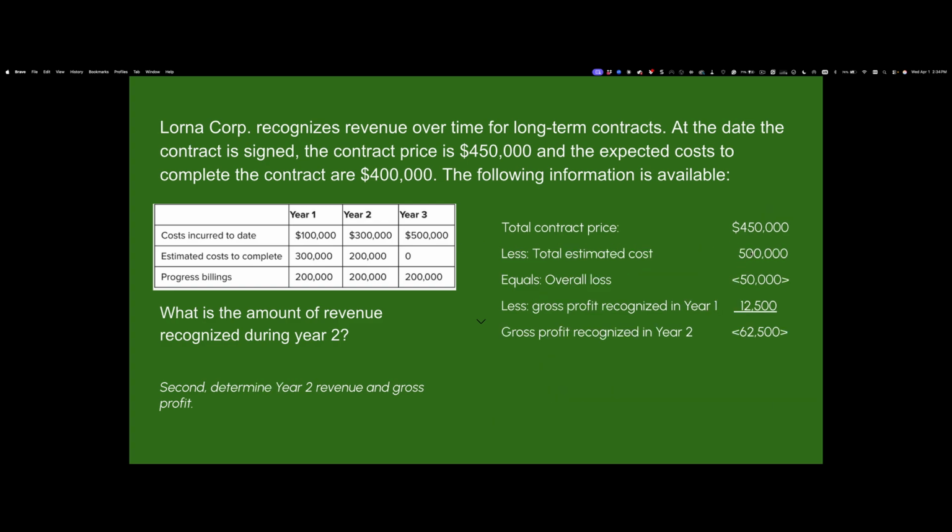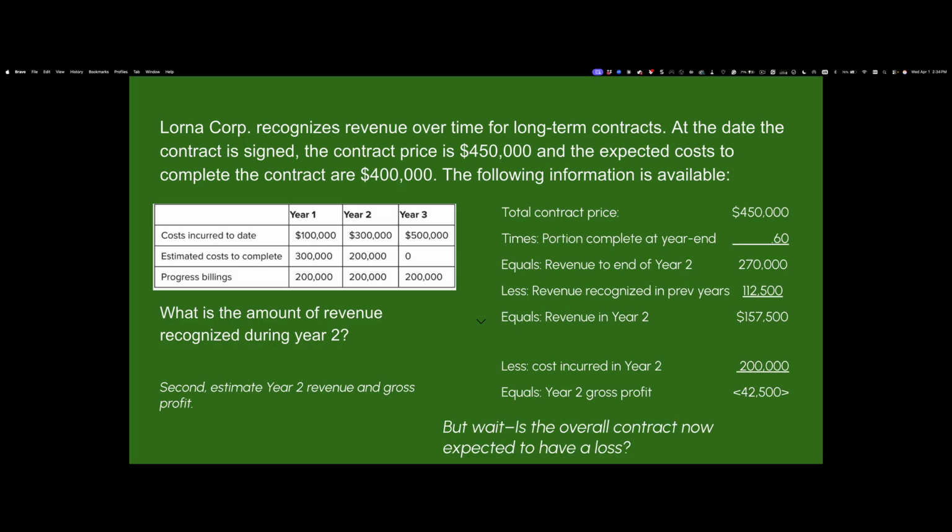So let's see it. We have an overall loss of $50,000. We have to subtract further the gross profit that was recognized in year one. And so in addition to the overall loss, since we've already recognized some profit on it, we have now to recognize the $62,500 loss in year two.